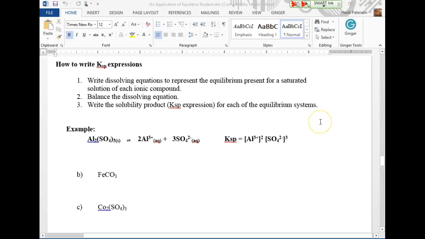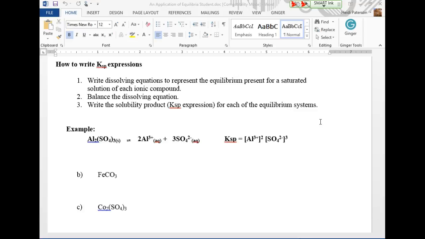All right. So, writing Ksp expressions. When you write a Ksp expression, you need to start by writing a dissolving equation. For example, if I have something like aluminum sulfate, that is made up of aluminum ions and sulfate ions.